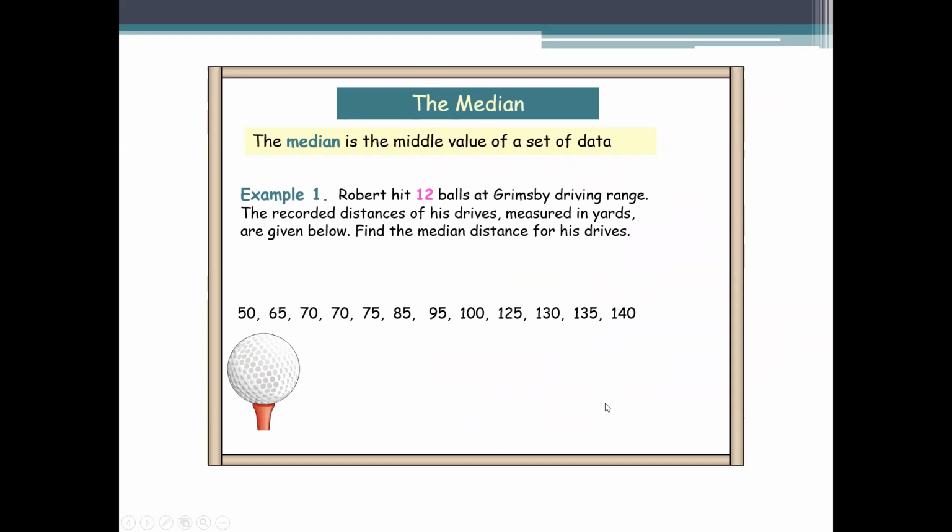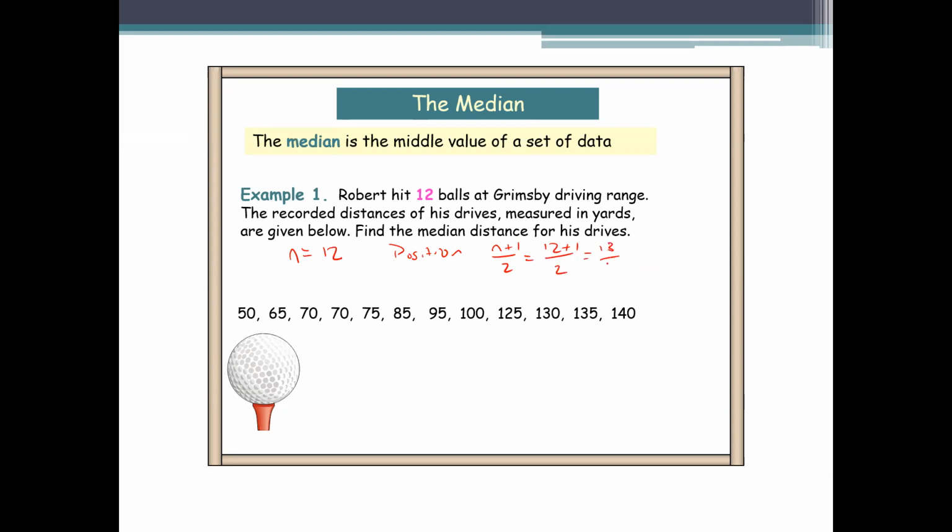Let's go back to the same kind of data set. Robert hits these 12 golf balls at Grisby Driving Range. Here are his recorded distances. Again, n is our sample size, the number of balls Robert hit. So position (n+1)/2 gives you 12 plus 1 divided by 2.